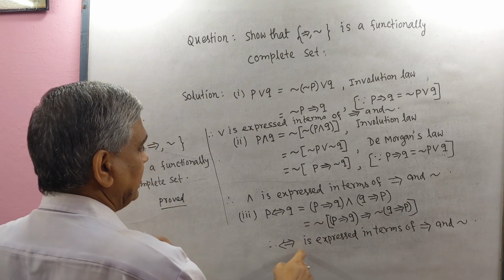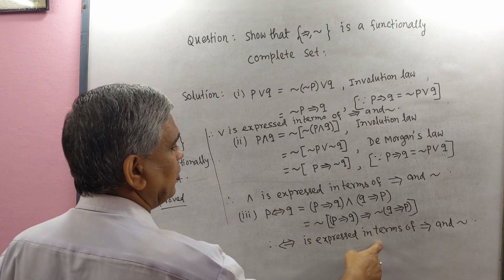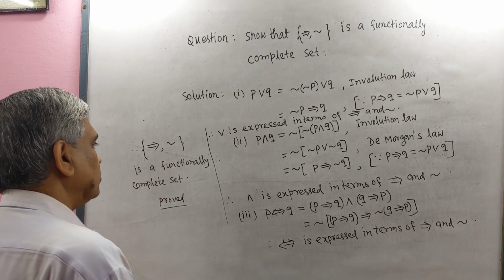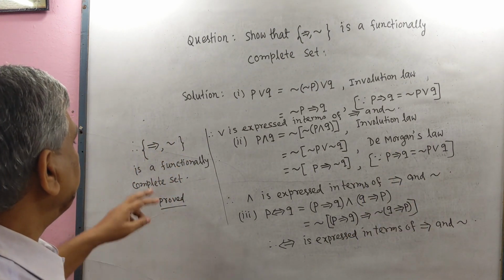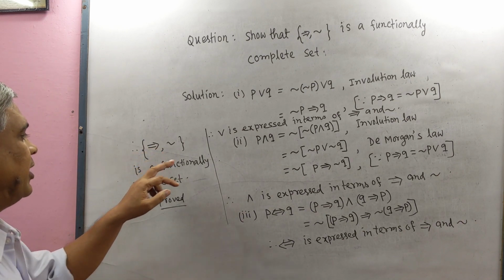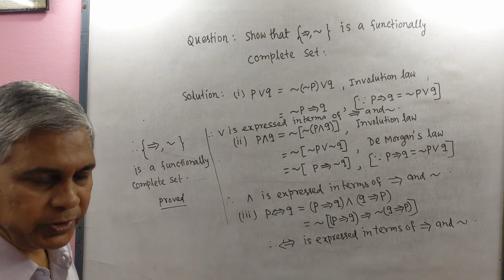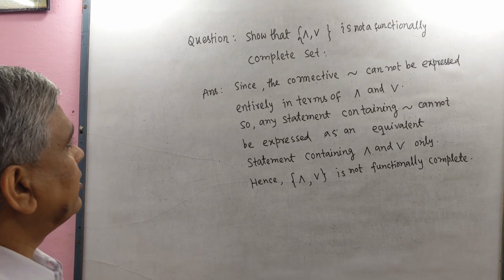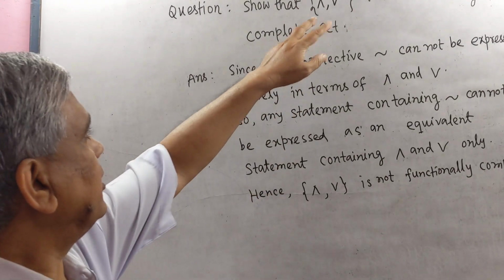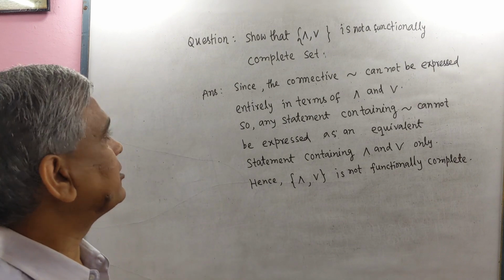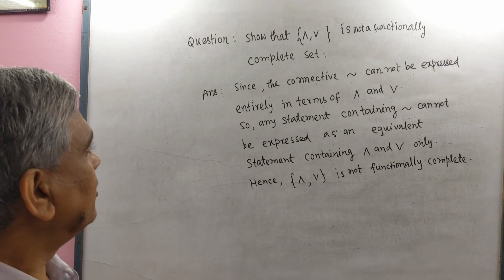So double implication is expressed in terms of implication and negation. So the set containing implication and negation is a functionally complete set. Proved.